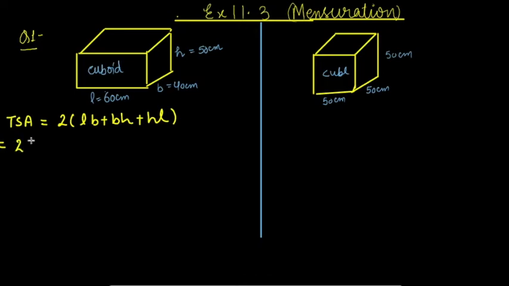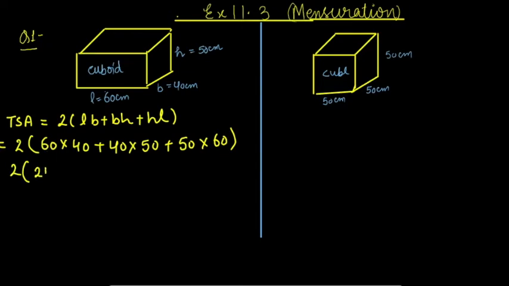Let's put the values. L is how much? 60 centimeters. So it is going to be 60. B is 40, so 40 into 50 plus H is given as 50 and length is 60. This is a simple calculation. 6 fours are 24 and we will add these 0 and this 0 as it is. 5 fours are 20 and then 2 zeros. 5 sixes are 30 and then you add 2 zeros as it is. 2 into 24 plus 2.